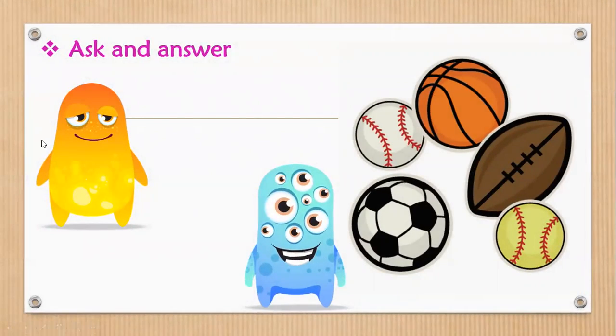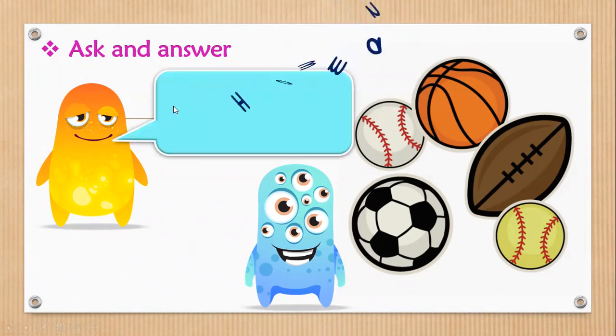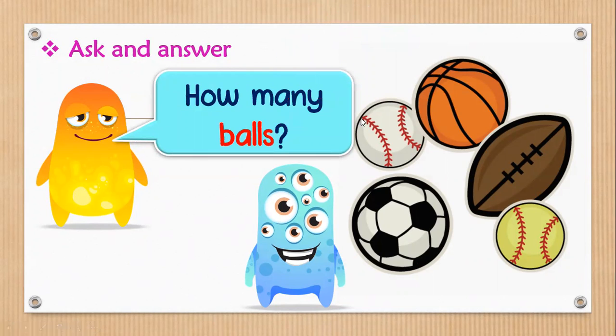Another. So here there are 2 friends. Now the friends are going to ask and answer the question. Let's see. The question is, how many balls? Let's count. 1, 2, 3, 4, 5. How many balls?